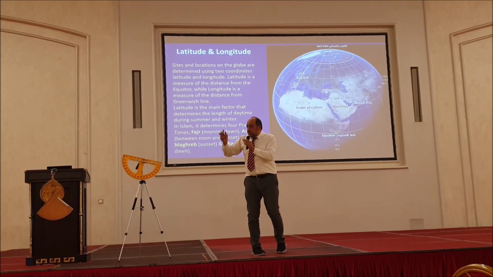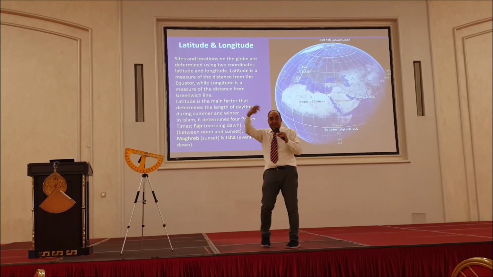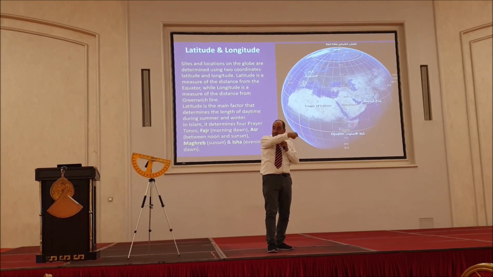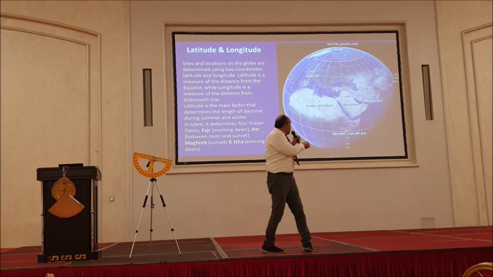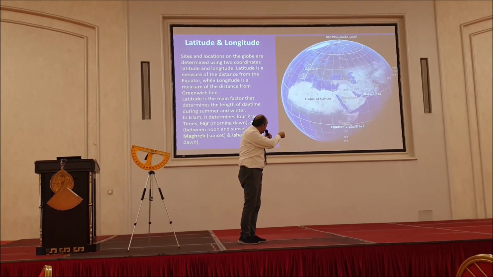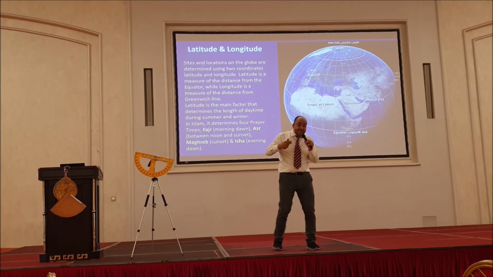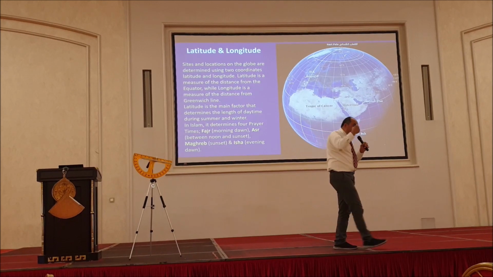So these people can see the sun going to the south, then to the north, twice. Anyone who lives between the Tropic of Cancer and Tropic of Capricorn must have this phenomenon.